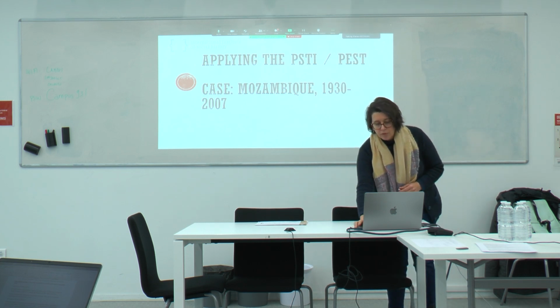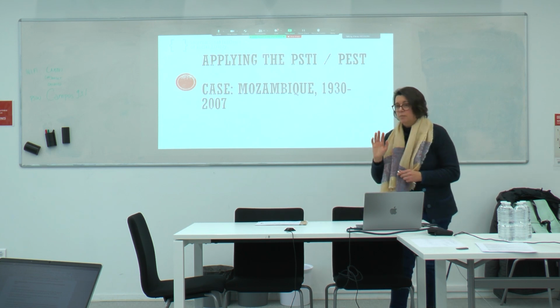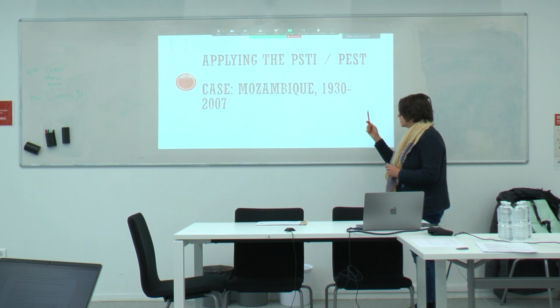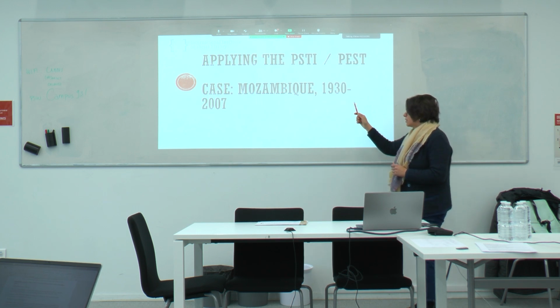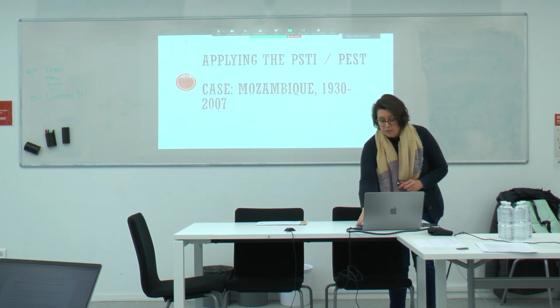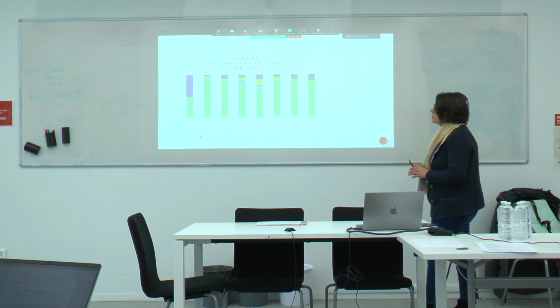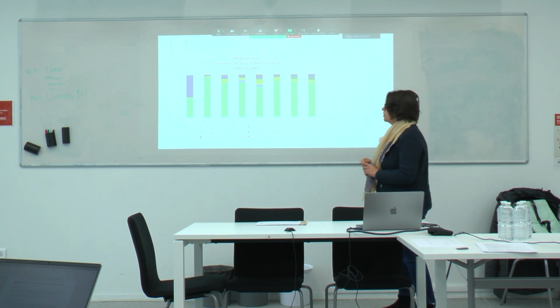So I will show you now some results applying this method to the Mozambique case using census. So the national census starting in the 1930s and going until 2007. This is for the total of the country, so the whole territory of Mozambique.